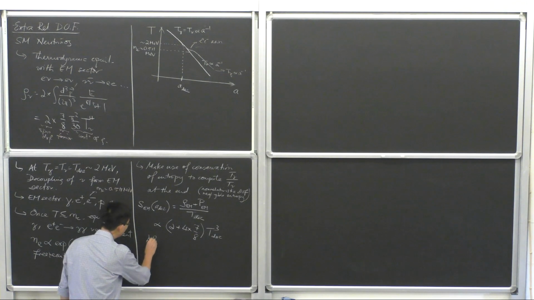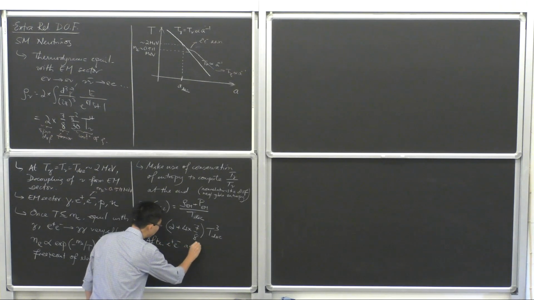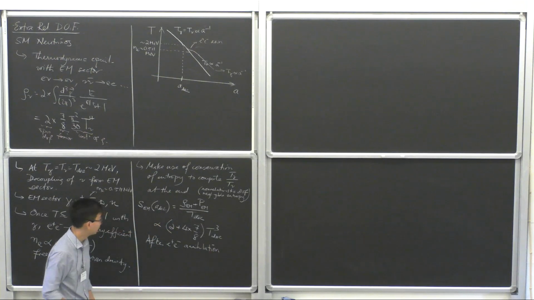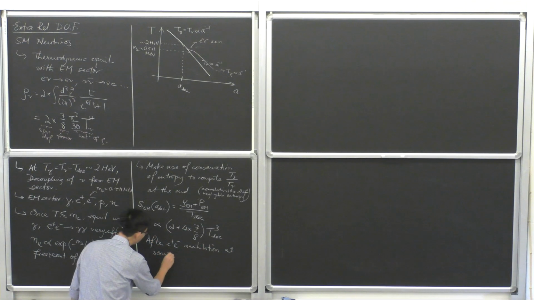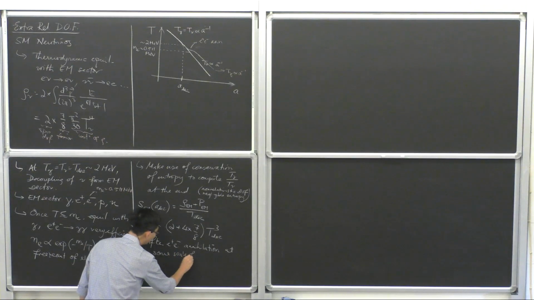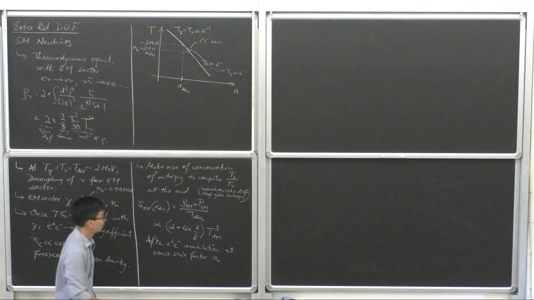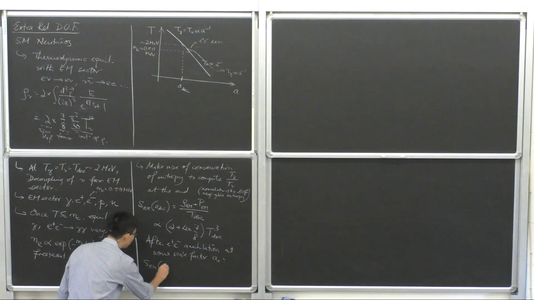Now, after e plus e minus annihilation, at some later time, at some scale factor a naught, it doesn't matter when a naught is, as long as it's after e plus e minus annihilation, I can do the same calculation again, and that gives me s_EM at a naught.